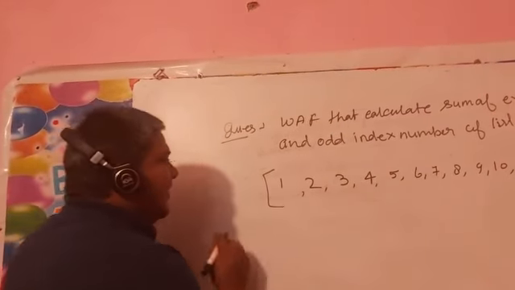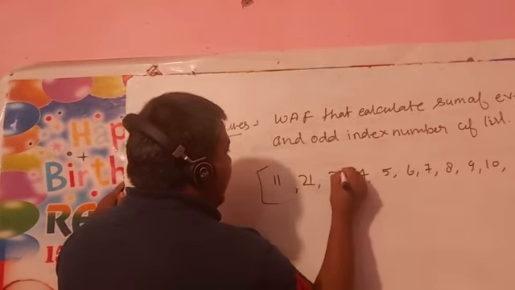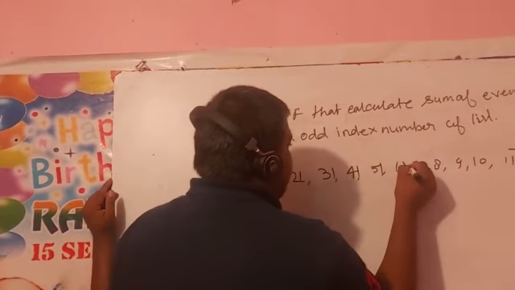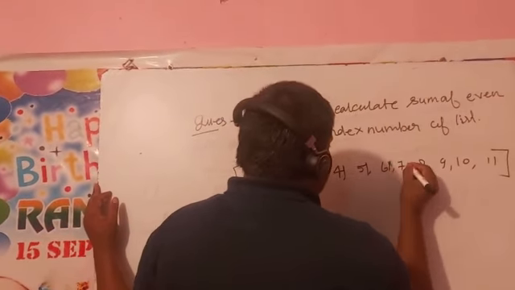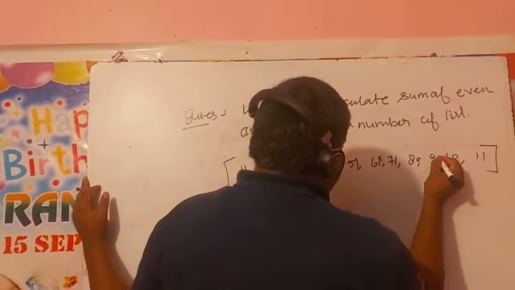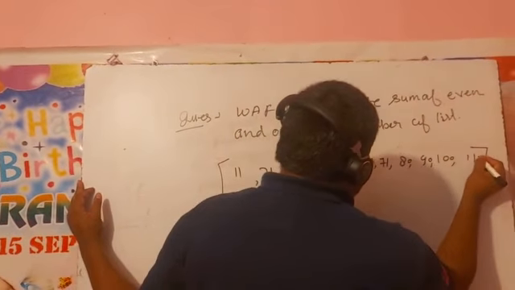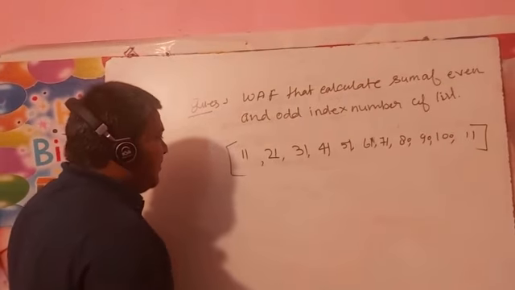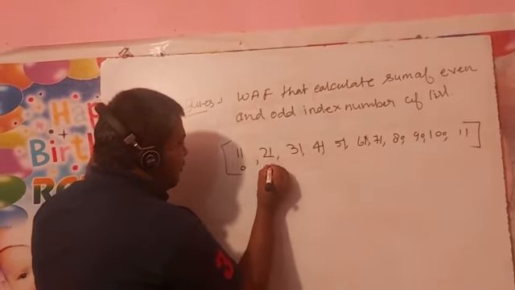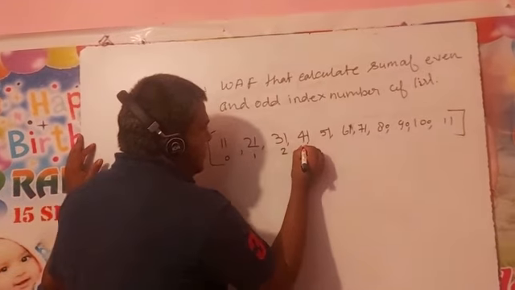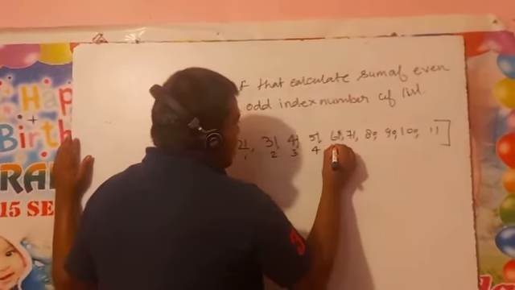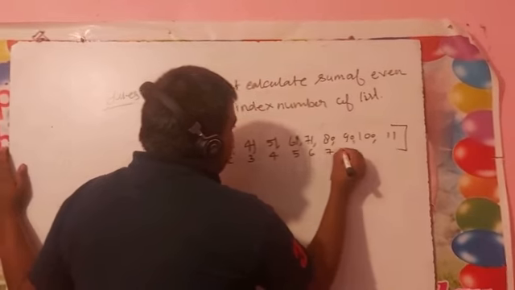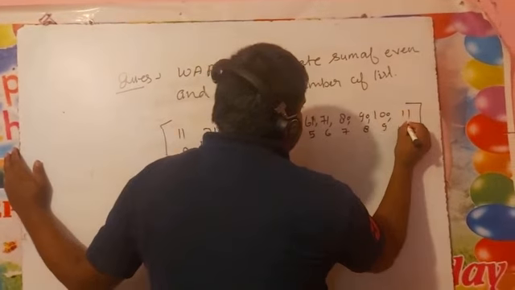So I will do the indexing. The indexes of these numbers will be 0, 1, 2, 3, 4, 5, 6, 7, 8, 9, 10.